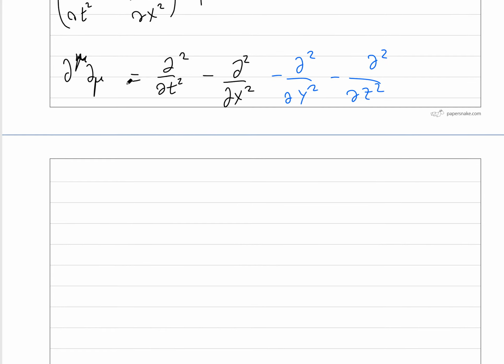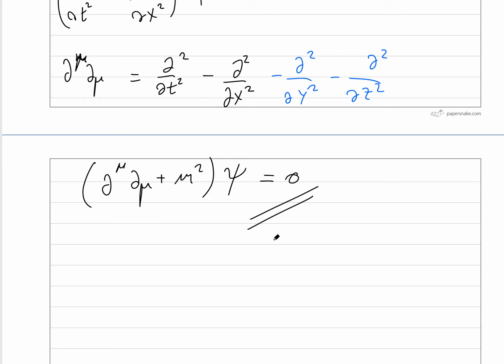Now, if you replace this form in the Klein-Gordon equation, then you get partial mu partial mu plus m squared, acting on psi, equals 0. So this is the Klein-Gordon equation, which is Lorentz invariant. So this is very, very important.